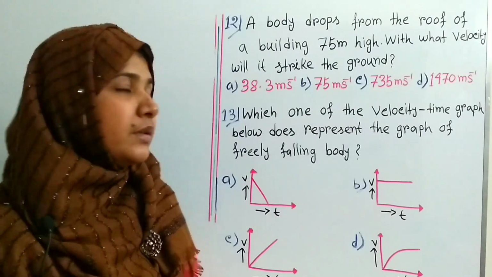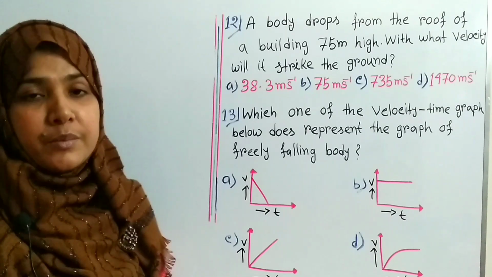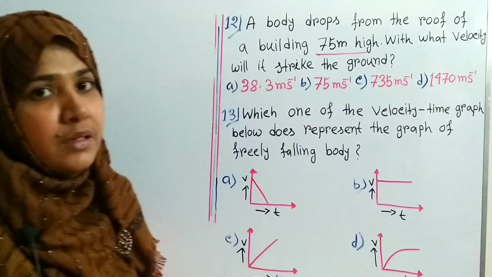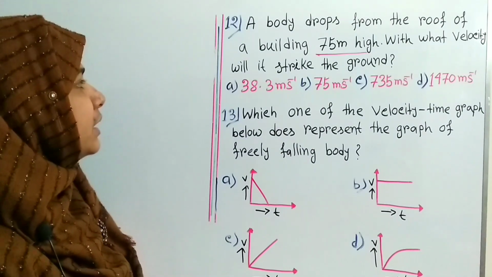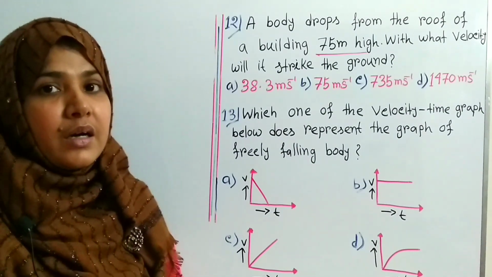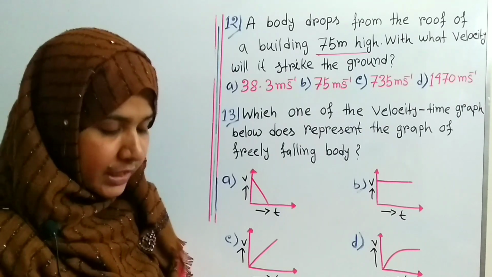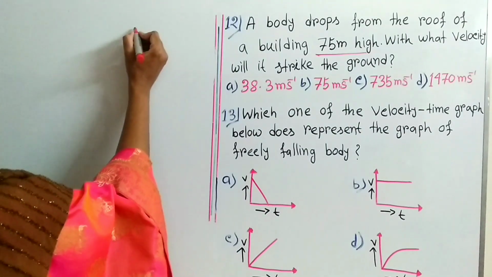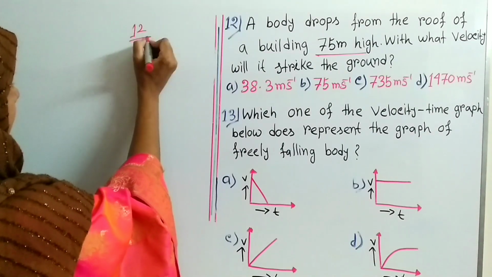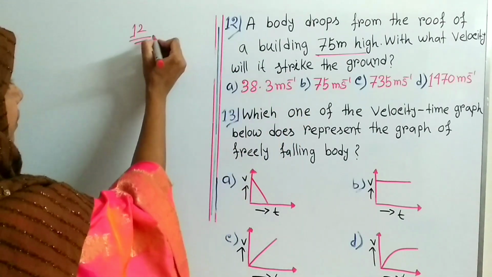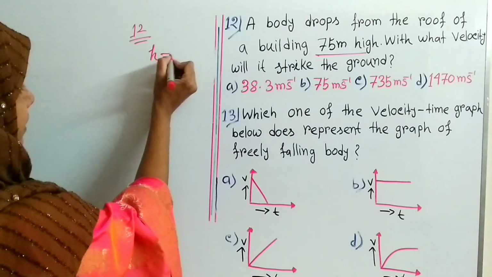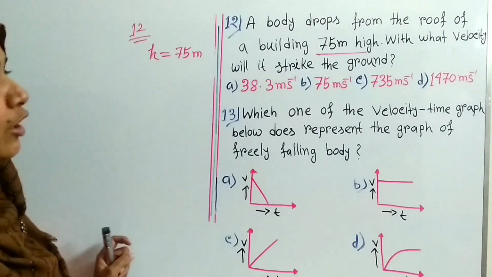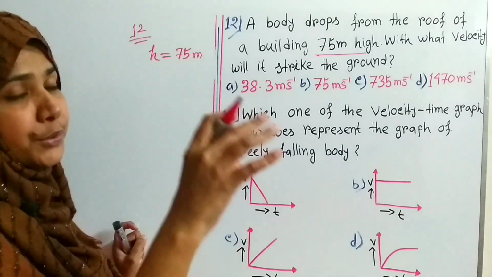Question 12. A body drops from the roof of a building 75 meter high. With what velocity will it strike the ground? So you know that here the given information for question 12 is the height of the building, that is the value of h is 75 meter, and the object drops from a roof.